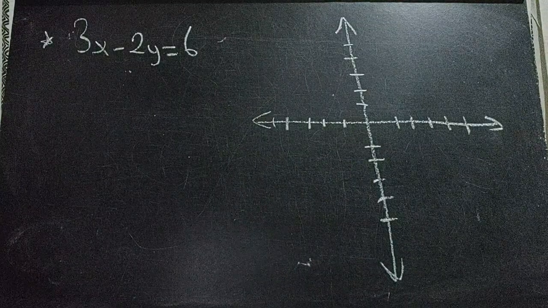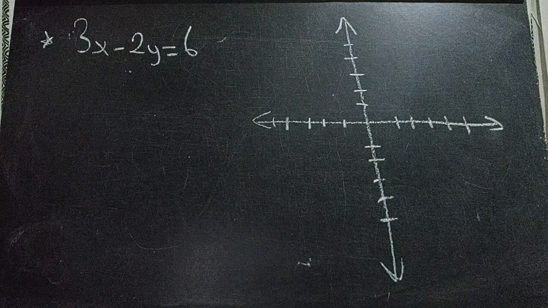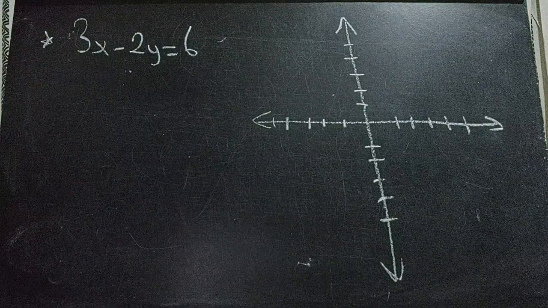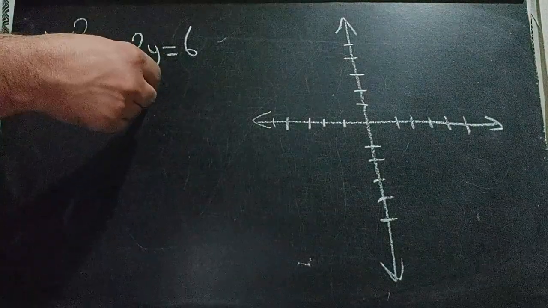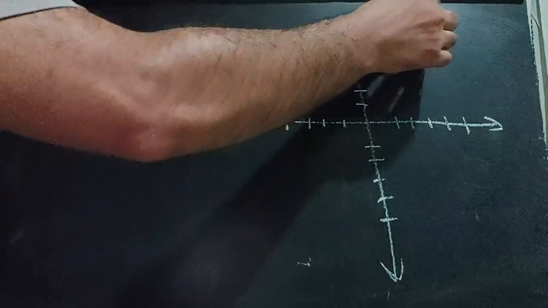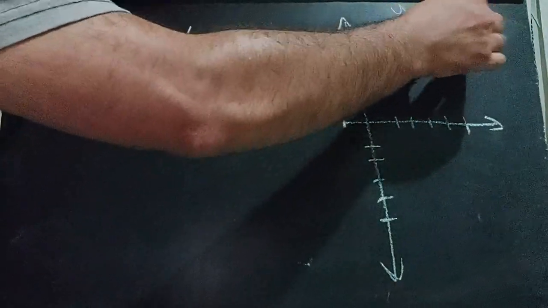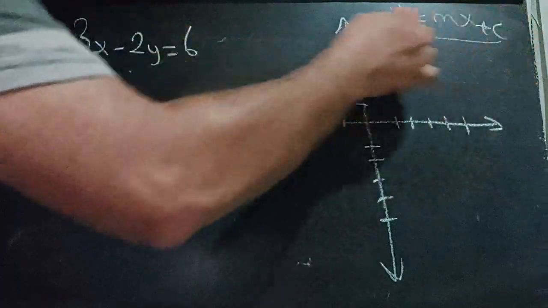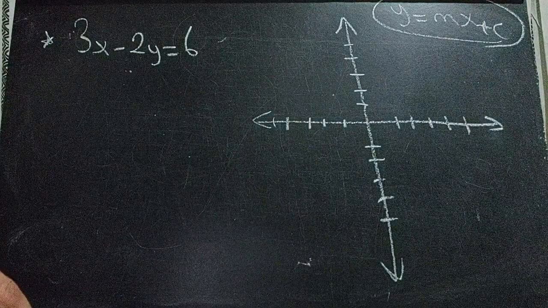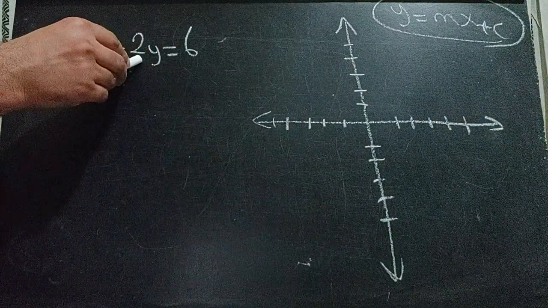Alright, my next question is 3x minus 2y equals 6. So in those questions, you should write this function in form of y equals mx plus c. To write in form of y equals mx plus c, you should leave y alone.